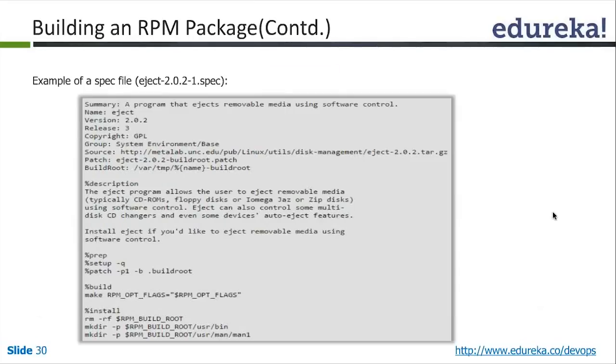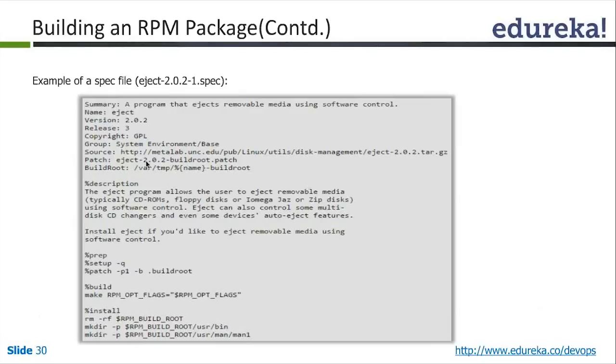Okay, so this is a standard spec file. How do you package? It's very simple. You copy all your files into a particular folder. There are actually three or four folders that you create: source, build, spec, and RPM. In the spec directory, you'll have the spec file.